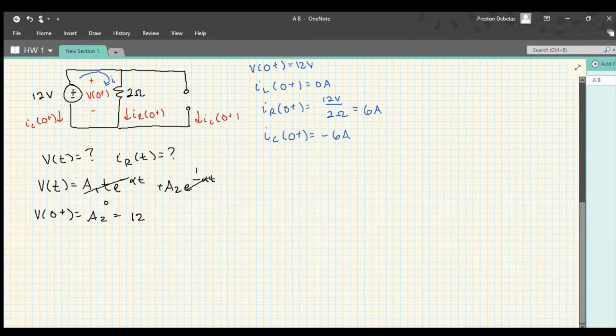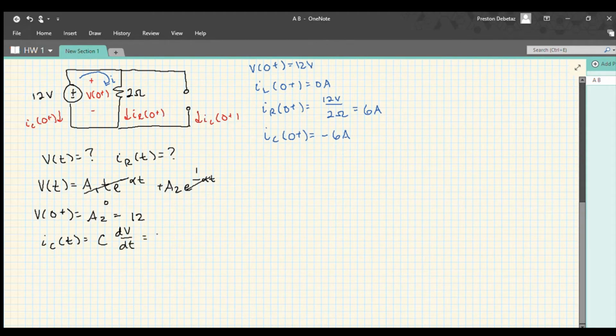So we can use a derivative-based relationship, something that has dV dt. We can use the current through the capacitor. So we have IC equals C dV dt.